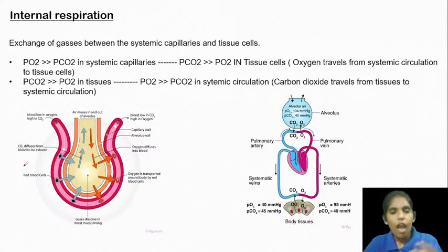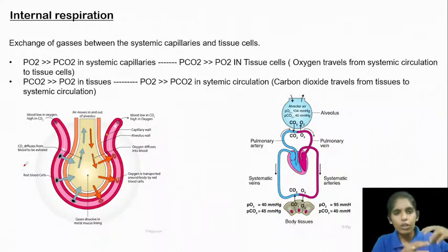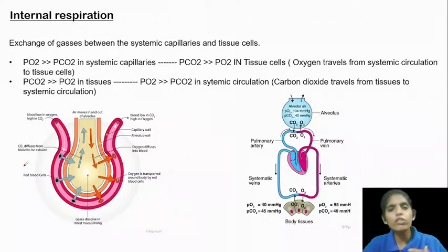And also, the tissues will utilize the oxygen and produce carbon dioxide. The tissues always utilize the oxygen, so the carbon dioxide is also constantly produced. The carbon dioxide produced in the tissues will enter into the blood circulation, and from the blood circulation it will enter into the alveoli.